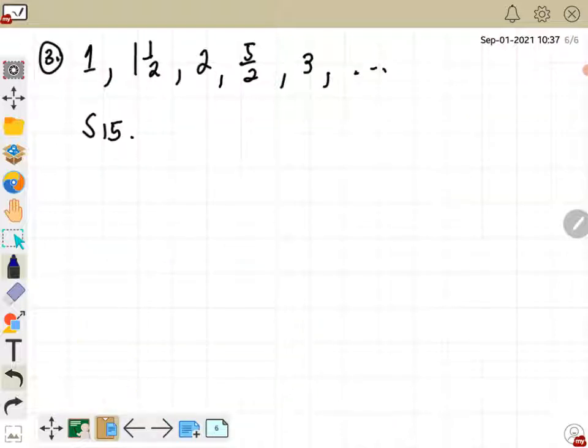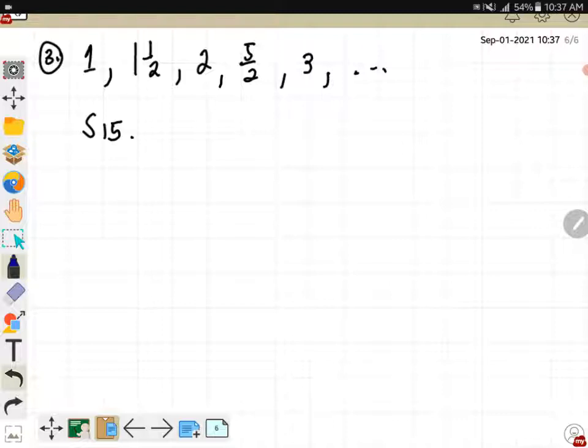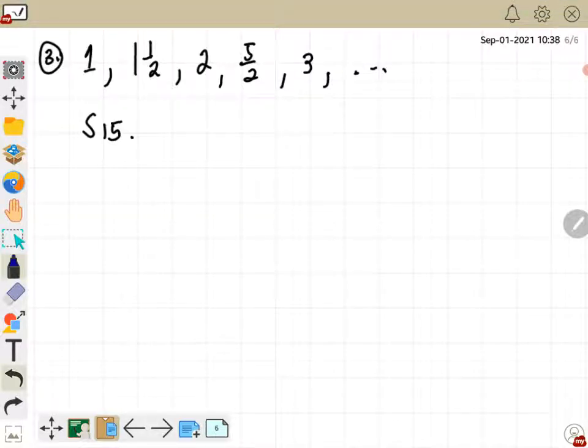So number 3, we have 1, 1 and 1/2, 2, 5/2, 3, and so on. Then we are tasked to find the sum of the first 15 terms.